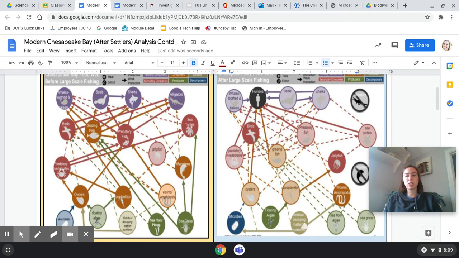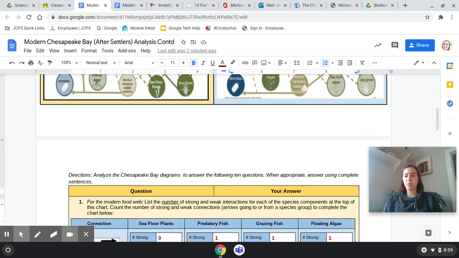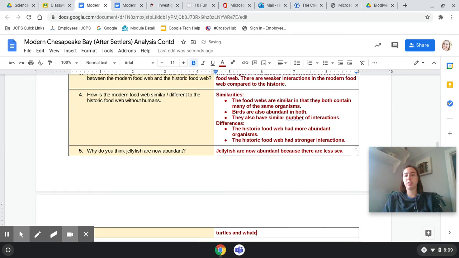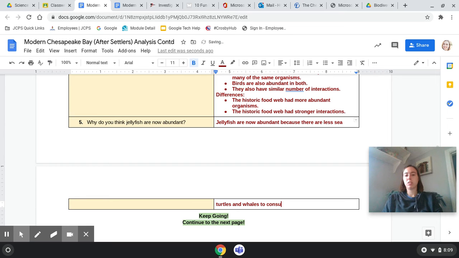So if there's a lot less sea turtles and a lot less whales, then jellyfish are not getting eaten as much by the sea turtles and whales. So for my answer to number 5, jellyfish are now abundant because there are less sea turtles and whales to consume them. And there I've put in my answer to number 5.